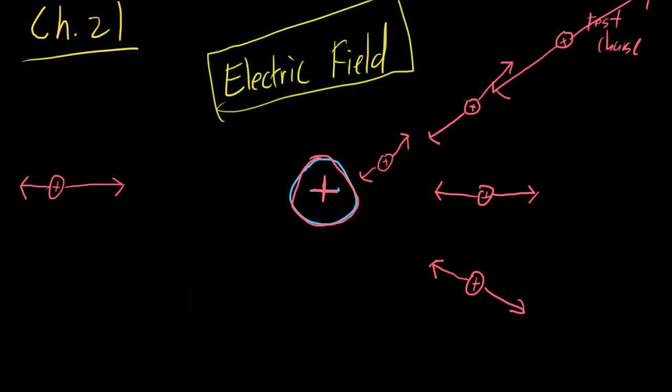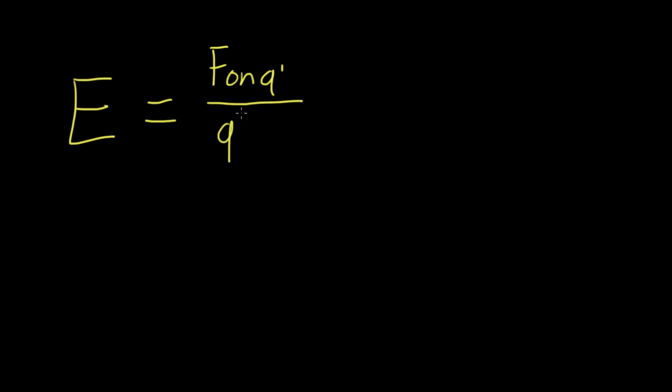Now, we can measure an electric field like this. E stands for electric field. The electric field is the force on a test charge Q prime, and we just talked about what a test charge was, divided by the charge.